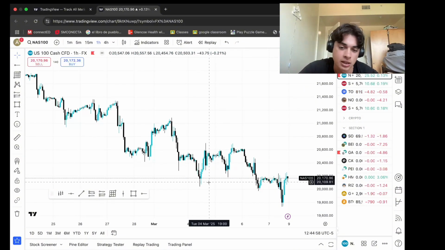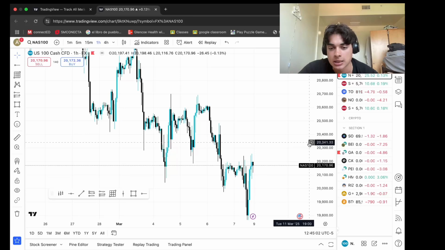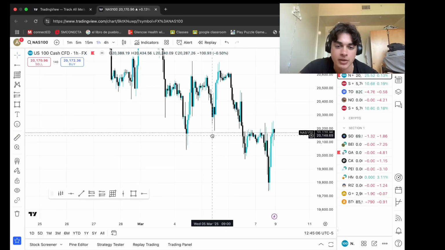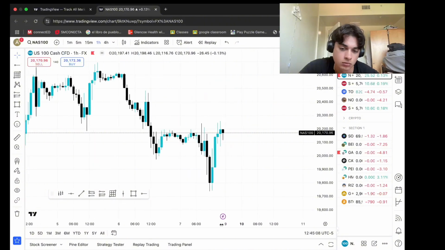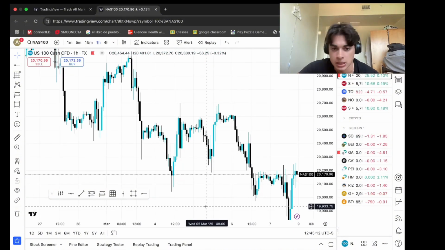But this is just one single confluence that I wanted to talk about that could improve your trade and kind of teach you how you could see them, instead of thinking, hey, it just invalidated, it's bound to move up indefinitely. No, that's not right.